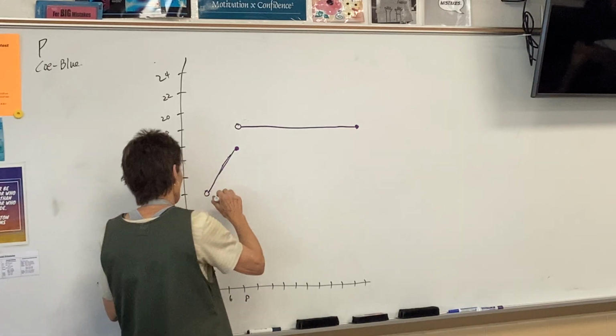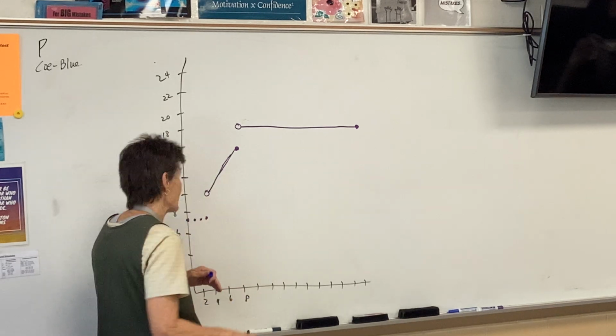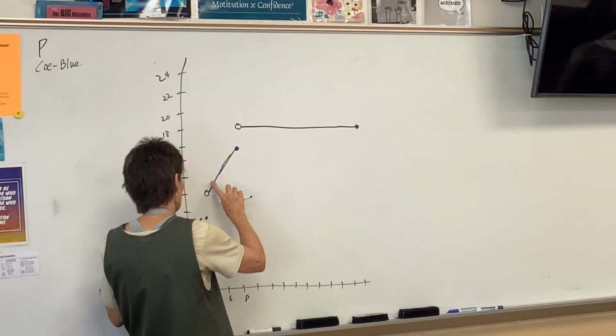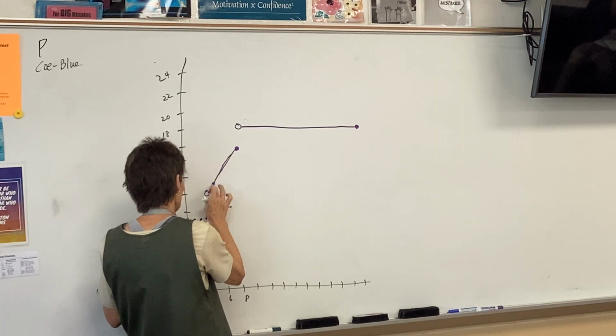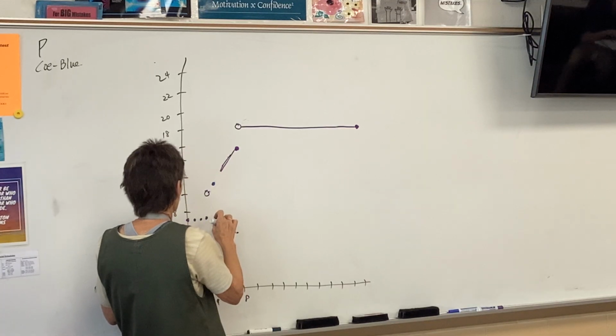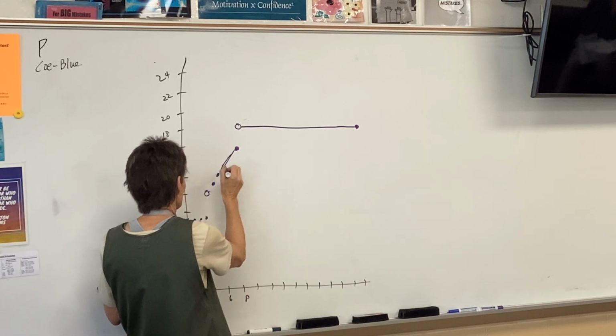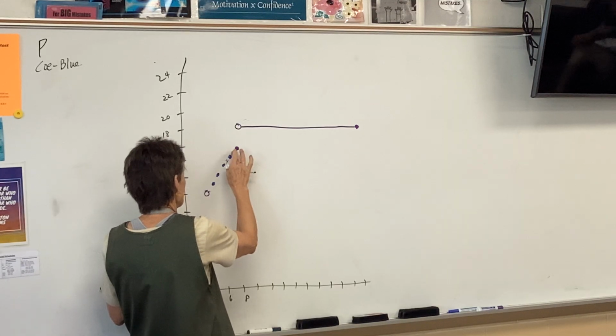And then these would be 3 to 8, so there's 3, and then 4 would be 11, and 5 would be 12, and 6, and 7, and 8.